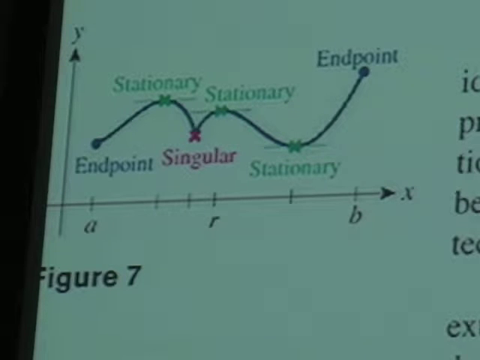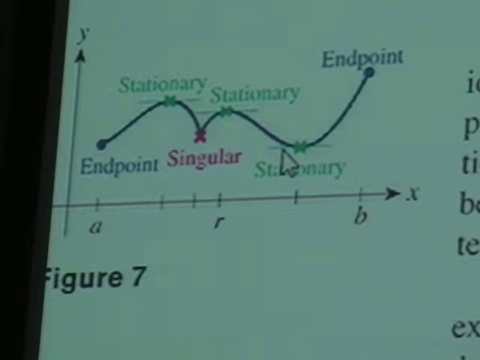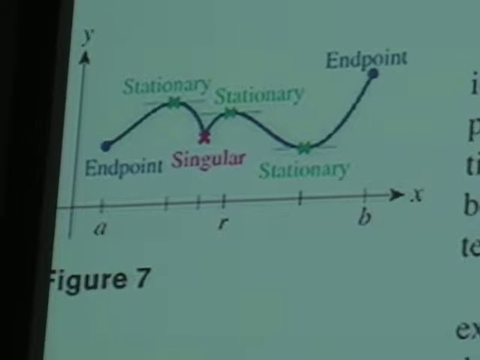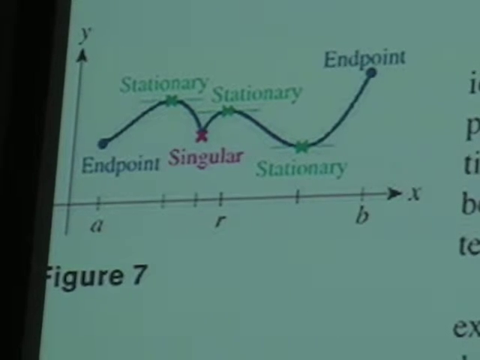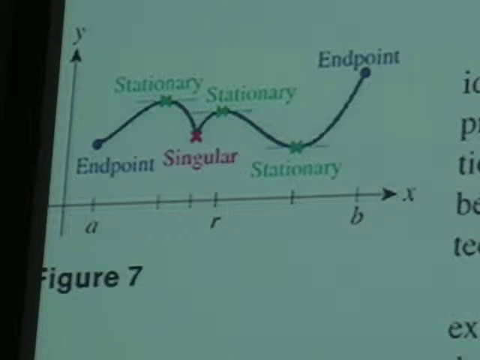We talked about that last time. We can call an extremum that occurs at a stationary point a stationary extrema. In general, to find the exact location of each stationary extrema, we need to solve the equation f prime equals 0.